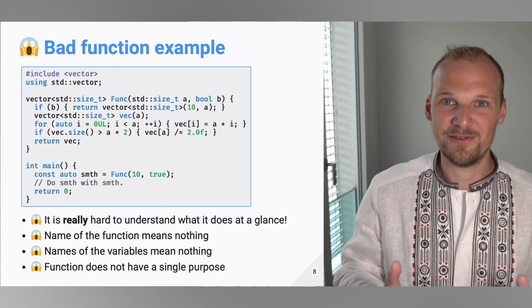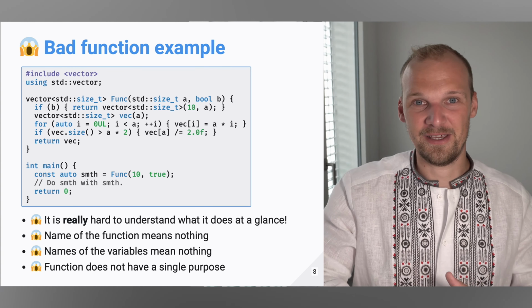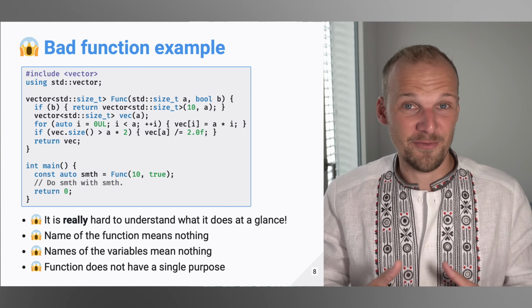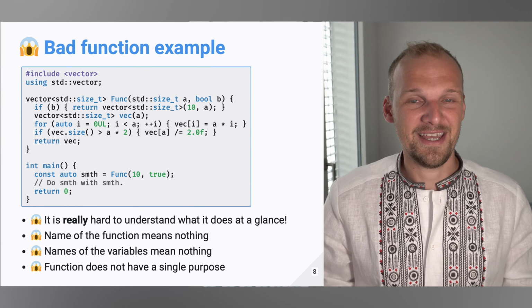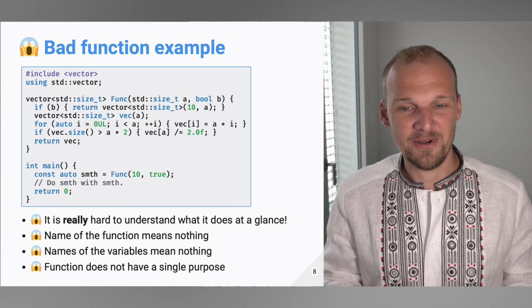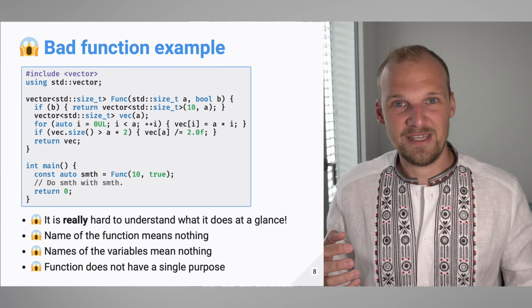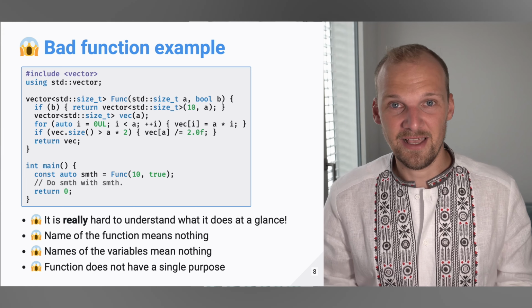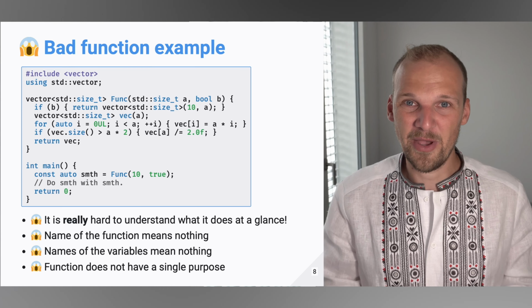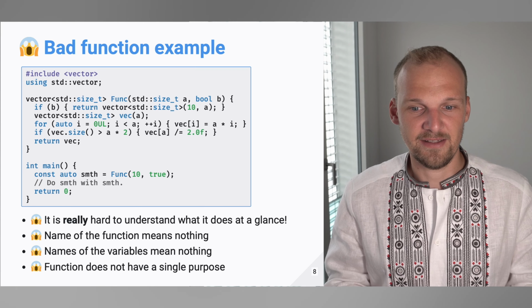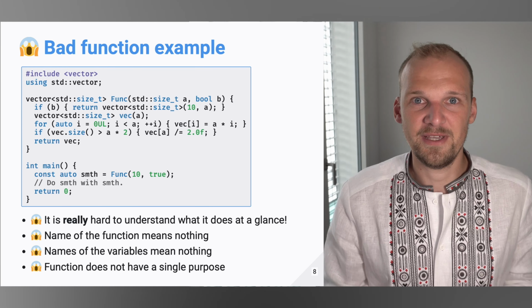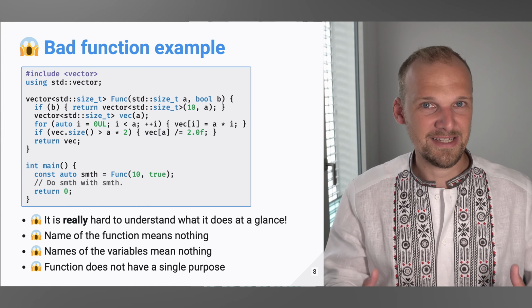The worst functions that you work with are the huge functions that have a very bad name, that have very bad variable names in them, and that are impossible to read. So here it's hard to understand what it does at a glance, and the reason for this is because it's named badly, it takes really weird parameters, and the variables inside of it also mean nothing. And then it also doesn't have a single purpose.